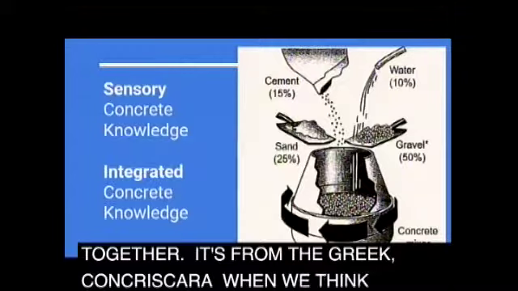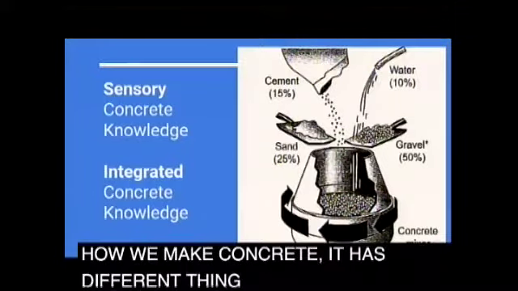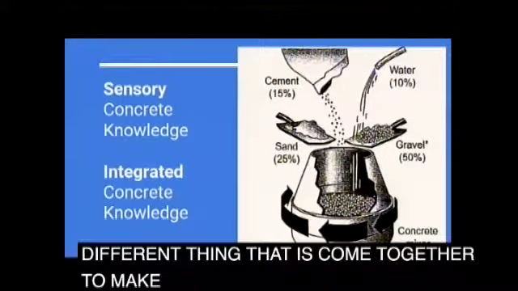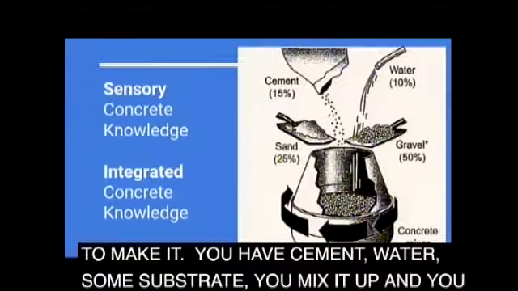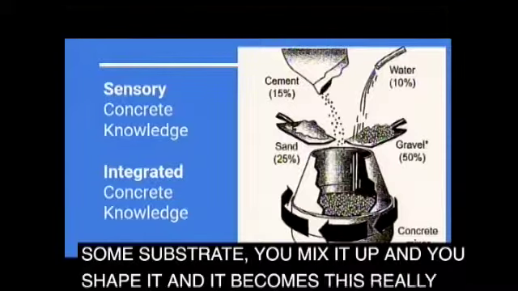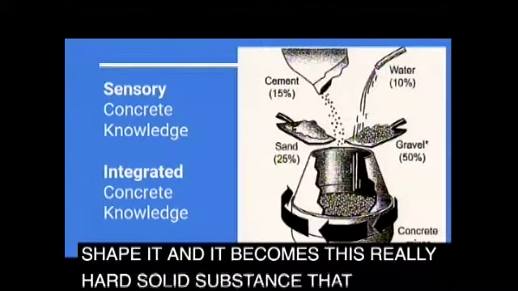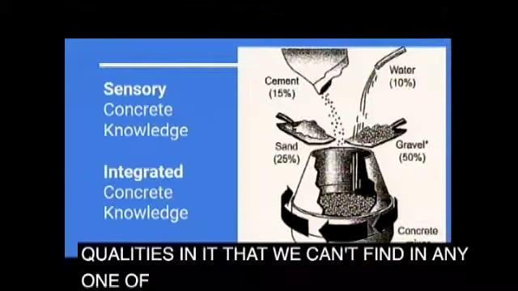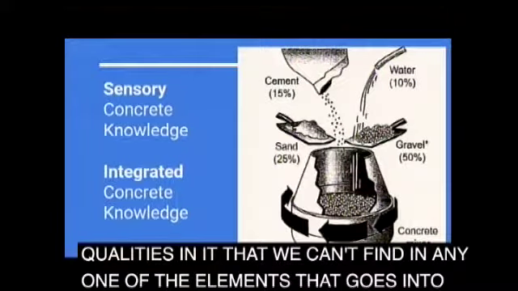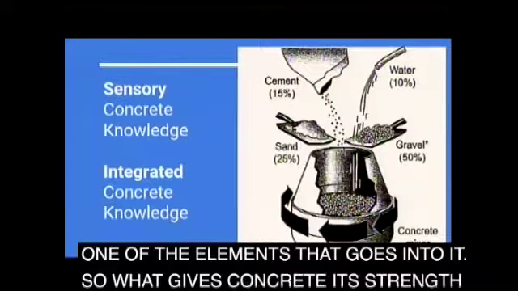You have cement, and you put water in it, and you have some substrate, and you mix it up and shape it, and it becomes a really hard, solid substance that has qualities we can't find in any one of the elements that goes into it. And so what gives concrete its strength is the bonds between the different elements in it.